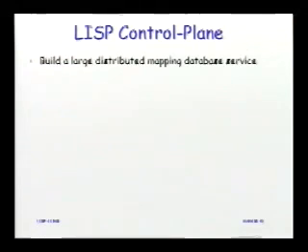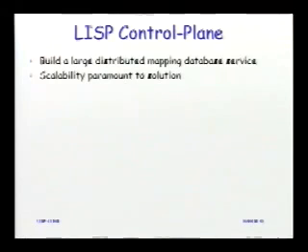So what we wanted to do was build a really huge distributed mapping database service for LISP so that we wouldn't have to do static mapping like we're doing right now, or data plane mapping. And our key concern was scalability, because what we did not want to do is import all the scalability problems of the routing system, the RLOC routing system, if you will, into the mapping system.